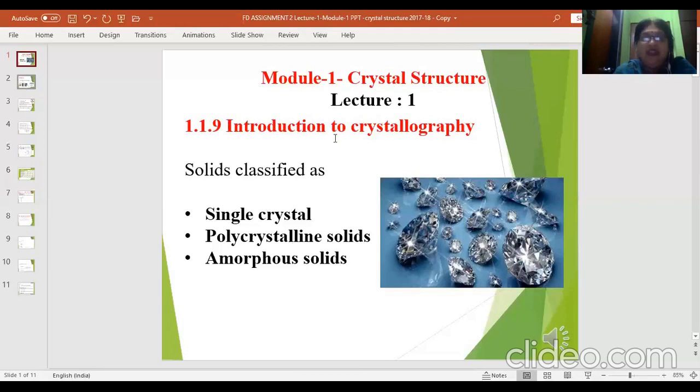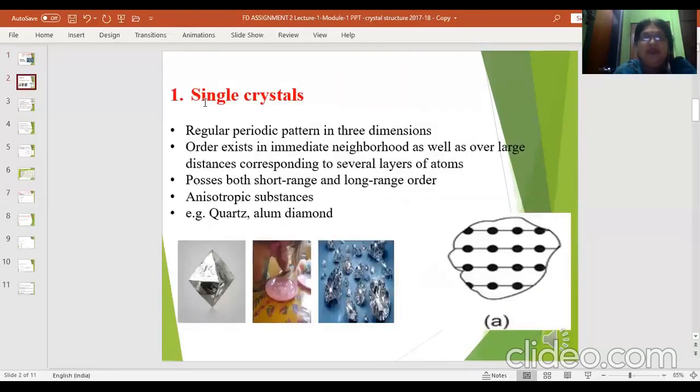So the first one, we will talk about the single crystal. As the name says, this is one crystal. Now, what is the speciality of this single crystal? You will have a specific geometric periodic outline of the atoms' arrangement, or you can say a regular periodic pattern in three dimensions in which the atoms are arranged.